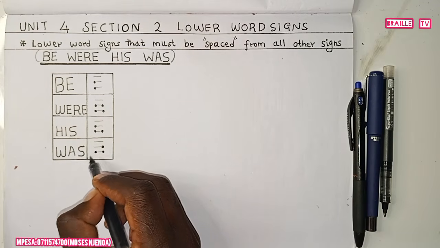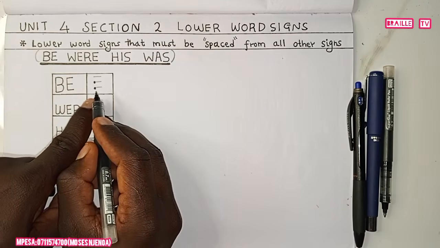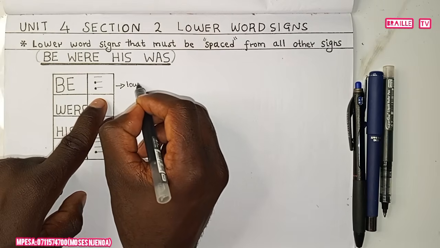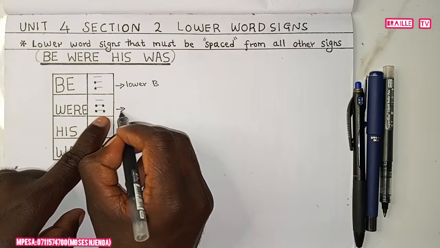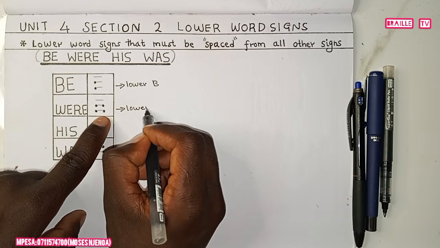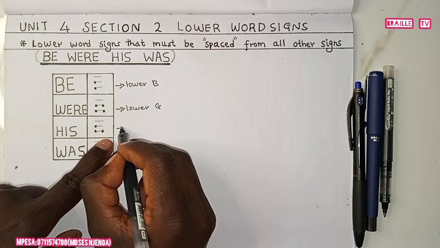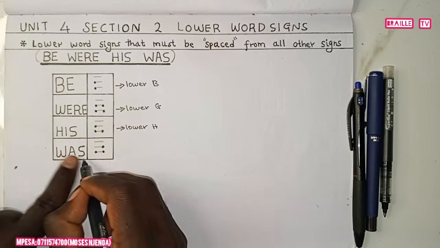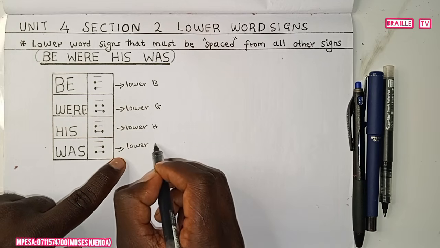So teachers, let me explain something. Be is written as lower b, were is written as lower g, his is written as lower h, and was is written as lower j.